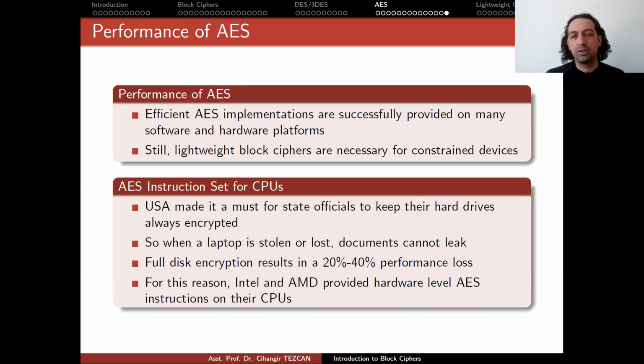And a good thing is that you can also use these AES instructions to generate random numbers. For instance, Intel has a feature that uses these AES instructions to generate random numbers. Since this is at the hardware level, you can generate random numbers in a really fast way. And this is really important because when performing some experiments on software, you might need random numbers a lot.